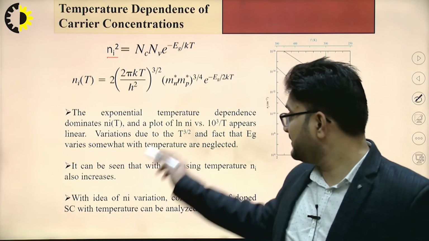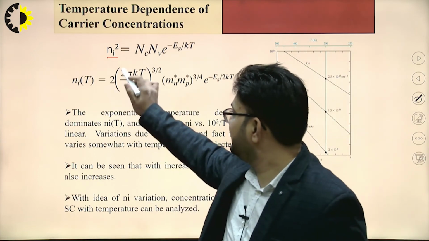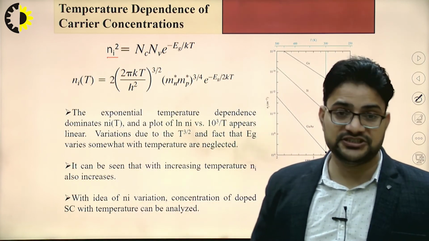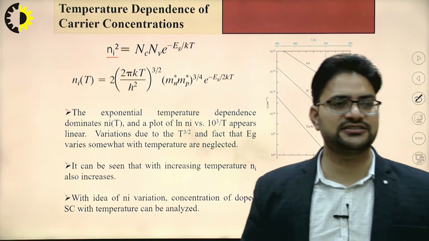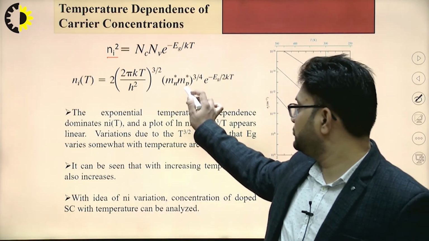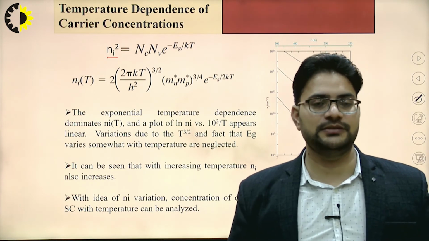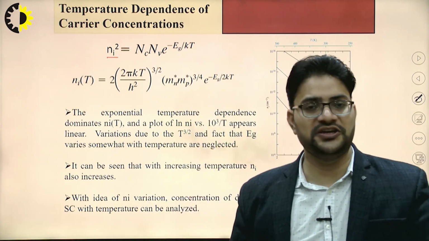If we increase the temperature, it will vary. So Ni is actually a function of temperature, which is equal to 2 times 2 pi kT divided by h square raised to the power 3 by 2, mn asterisk into mp asterisk raised to the power 3 by 4, into exponential of minus Eg divided by 2kT.